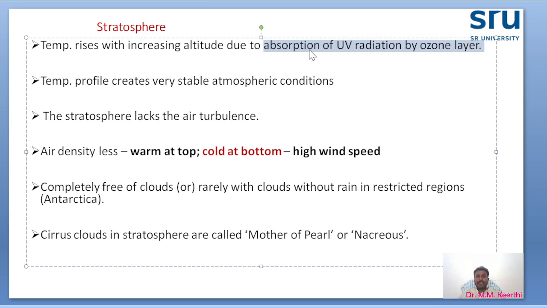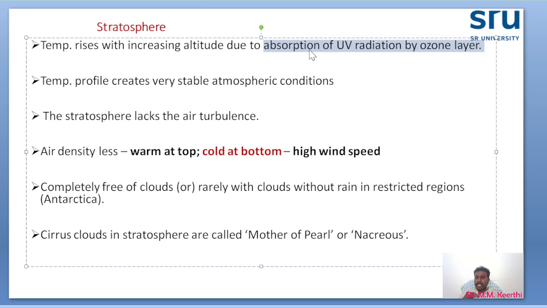Here the temperature profile creates a very stable atmospheric condition because there is no air turbulence. The atmosphere lacks air turbulence. I already told you there is no turbulence here. Air density is less at the top, so it is warm at the top and cold at the bottom.